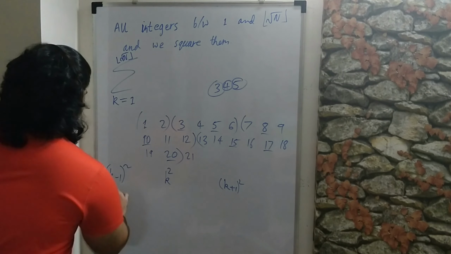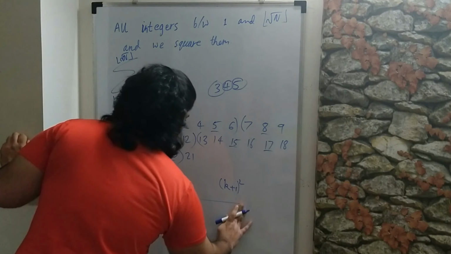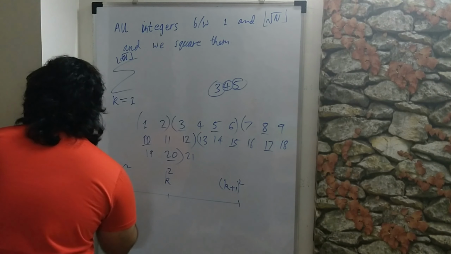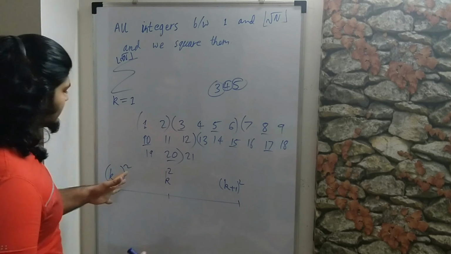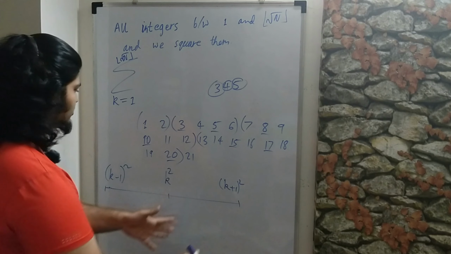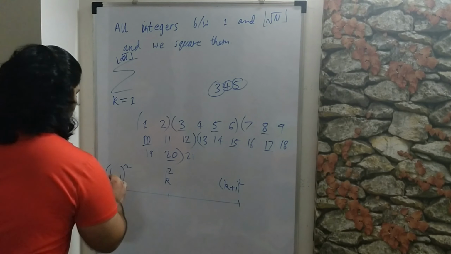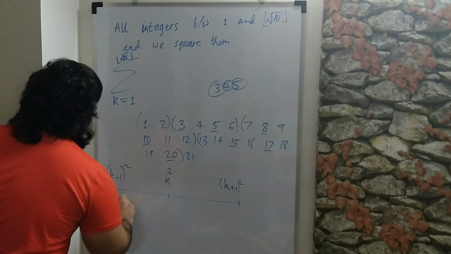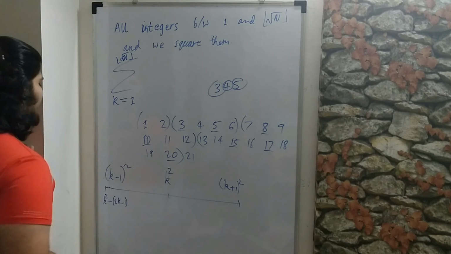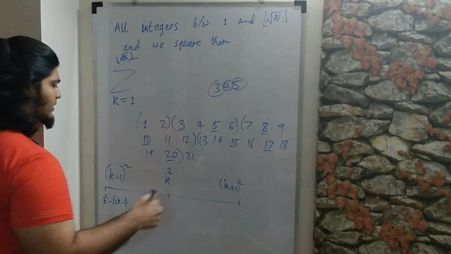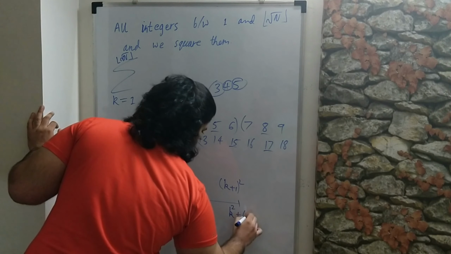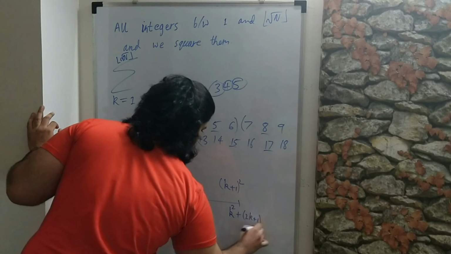Okay, so let's draw them on a number line. This right here is k plus 1 whole square, this is k square, and this is k minus 1 square, and now we'll figure out the brackets for each of these. So k minus 1 square is k square minus 2k plus 1, if you just write the expansion. And similarly, k plus 1 whole square is k square plus 2k plus 1.